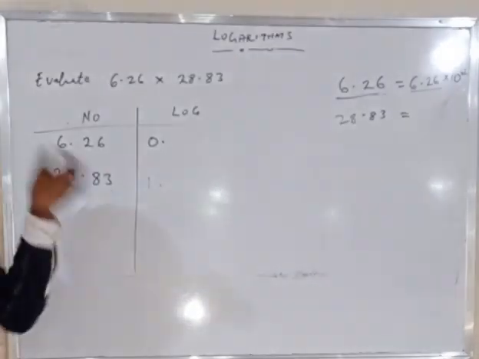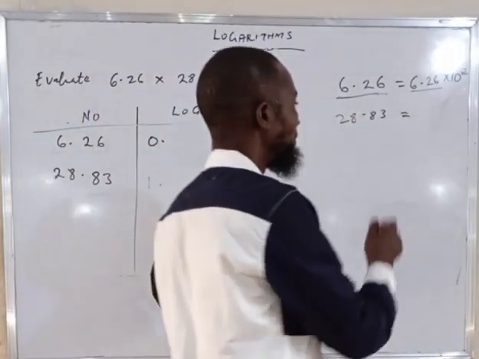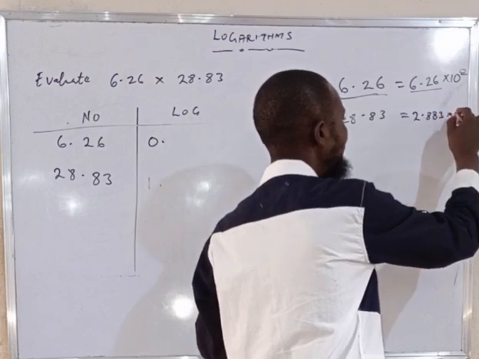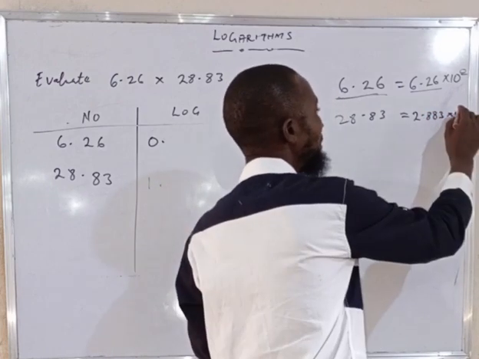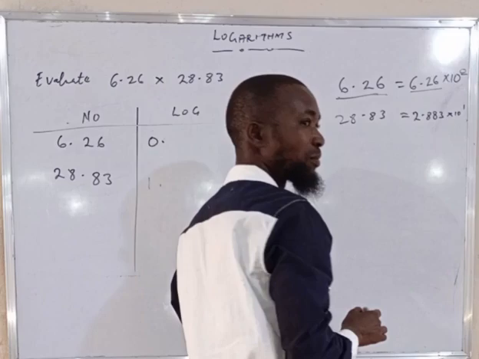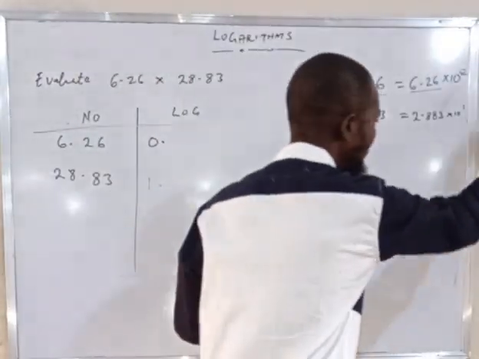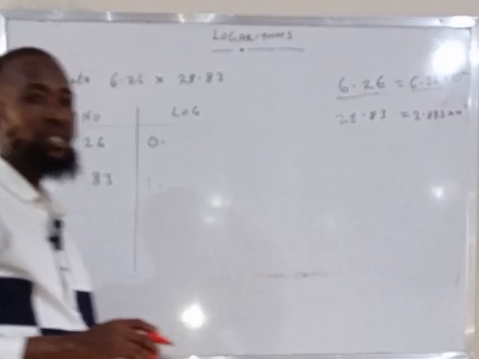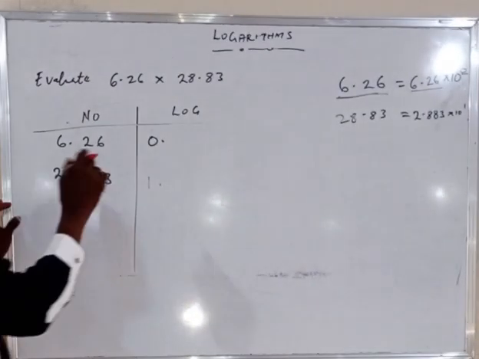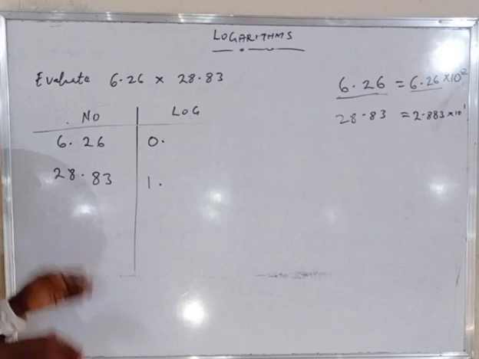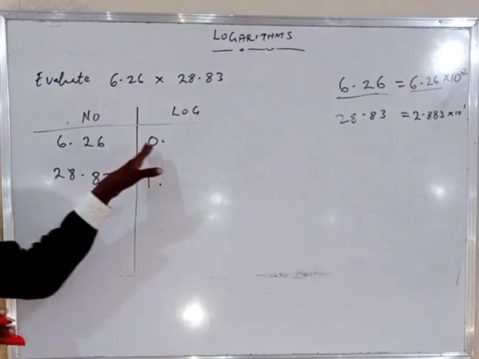Now, how do you write this in standard form? 2.883 times 10 raised to power 1. I moved it one place, so it is positive 1. Is it clear? That was how our characteristic is 1.